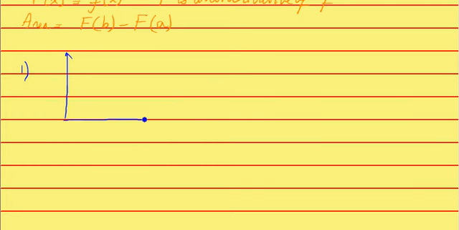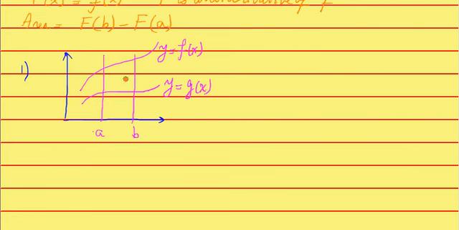What if I had a region whose top was given to me by a function y equal to f of x, and the bottom of it, instead of being the x-axis, was some other curve, say g of x. To keep the problem manageable at this level, the left and right is still given by a vertical straight line. So this is A and this is B, and our objective is the same as before, to find out what this area is.